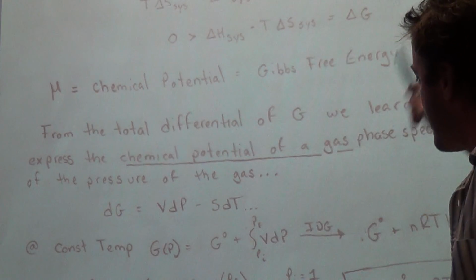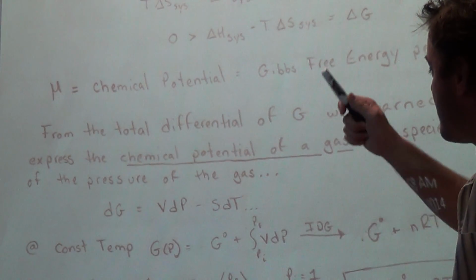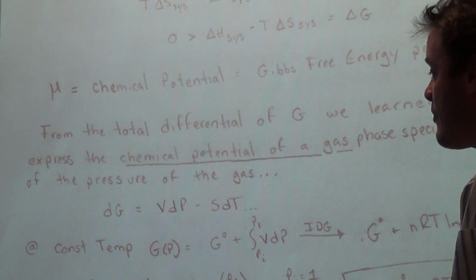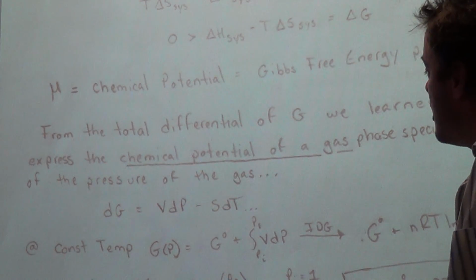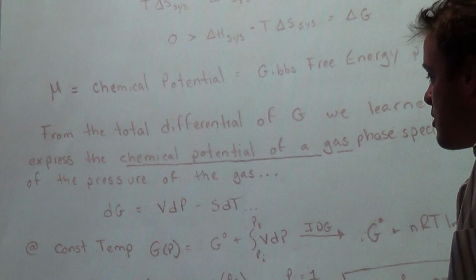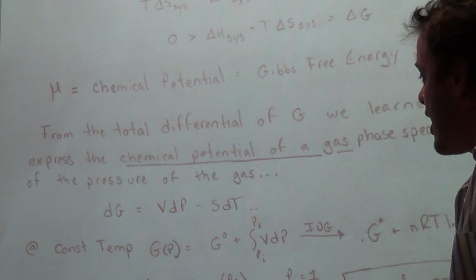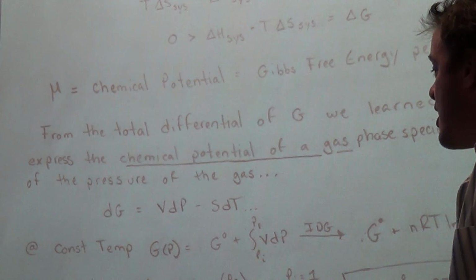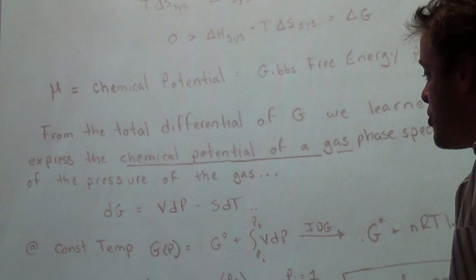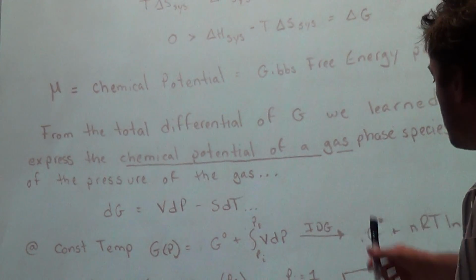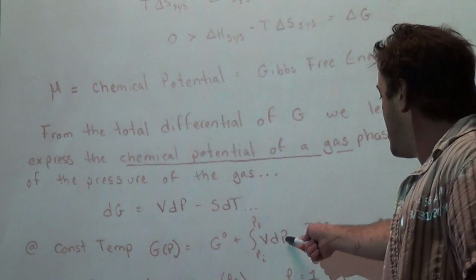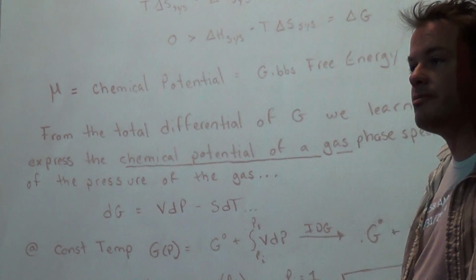At constant temperature, that SdT term goes away, and we have that dG is VdP, and we went right into an ideal gas, and we said, okay, well, in that case, if Gibbs free energy changes as VdP, then we can say that at constant temperature, the G of any pressure is equal to G naught plus the integral of VdP from the initial pressure up to the final pressure.